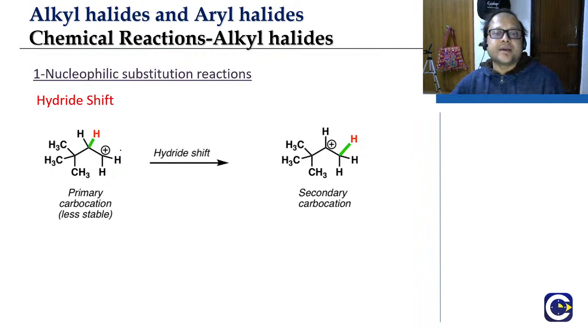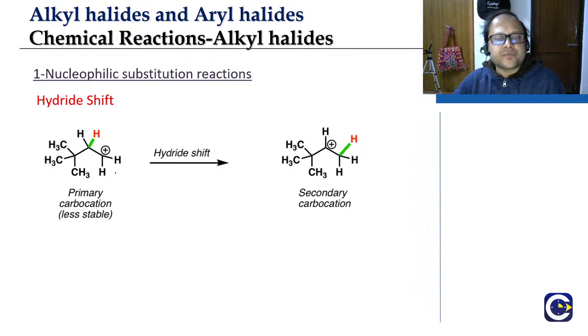So basically a rearrangement takes place a lot of the time. A lot of the time what you want as a final product is not what you get, right? Instead you get something else. Why is that happening? To understand that, we need to understand the hydride shift or methyl shift, right?